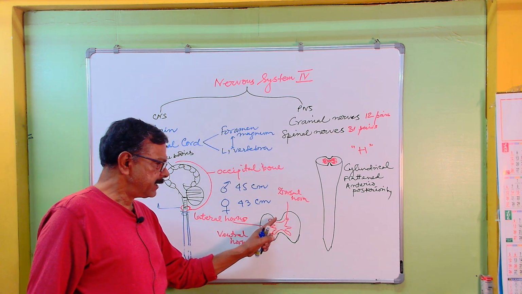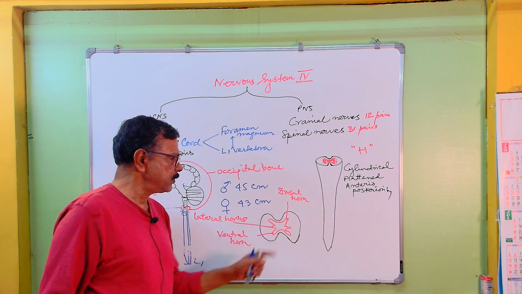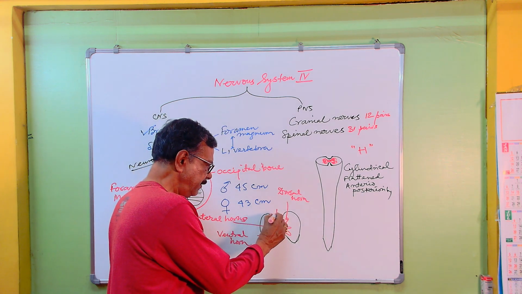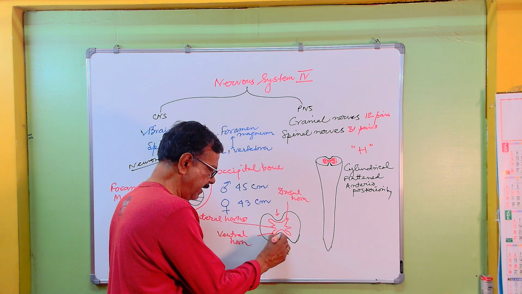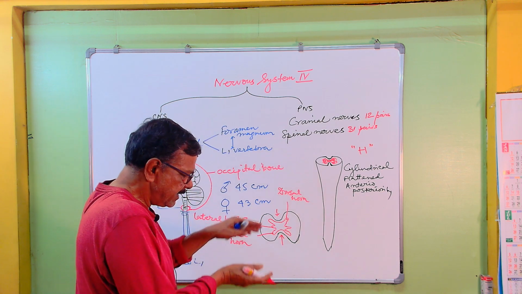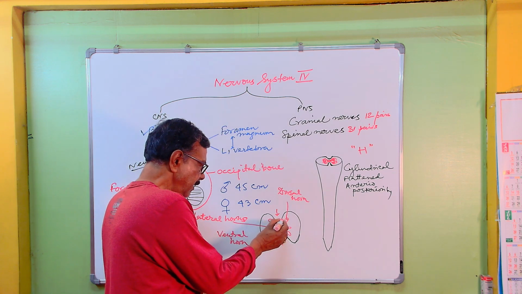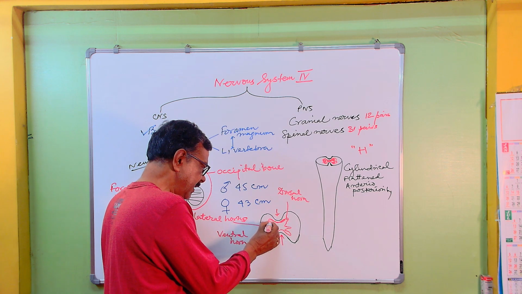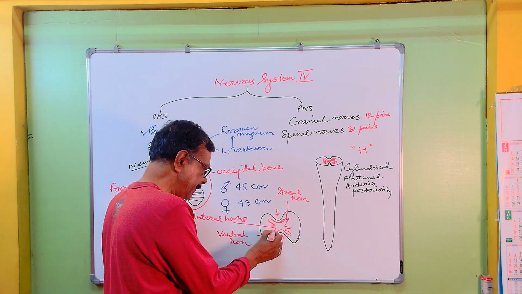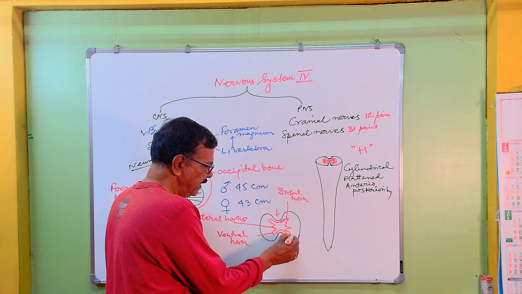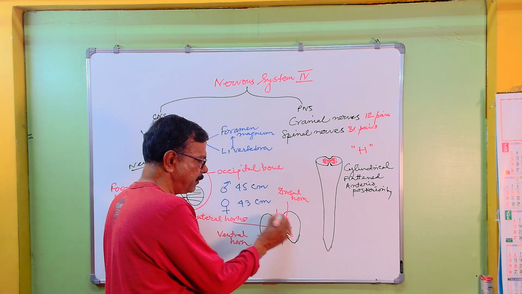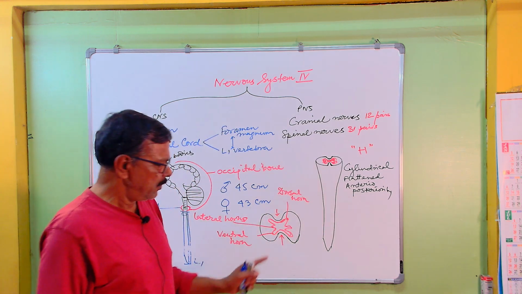So the tapering of the grooves or the fissures, dorsal fissure and ventral fissure, gets tapered anterior posteriorly, which tapers the gray matter like an H of the English alphabet, producing three horns.